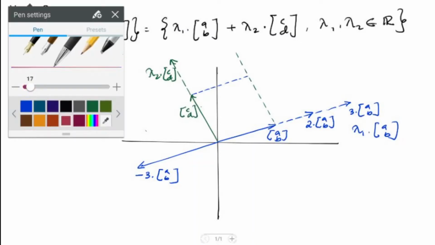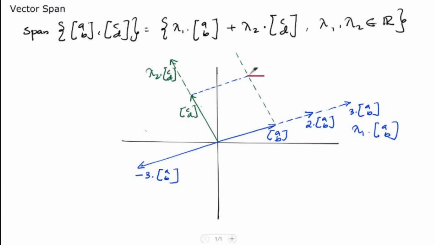So this vector here now that we got, this position here, is the lambda 1 times AB plus lambda 2 times CD. Okay?